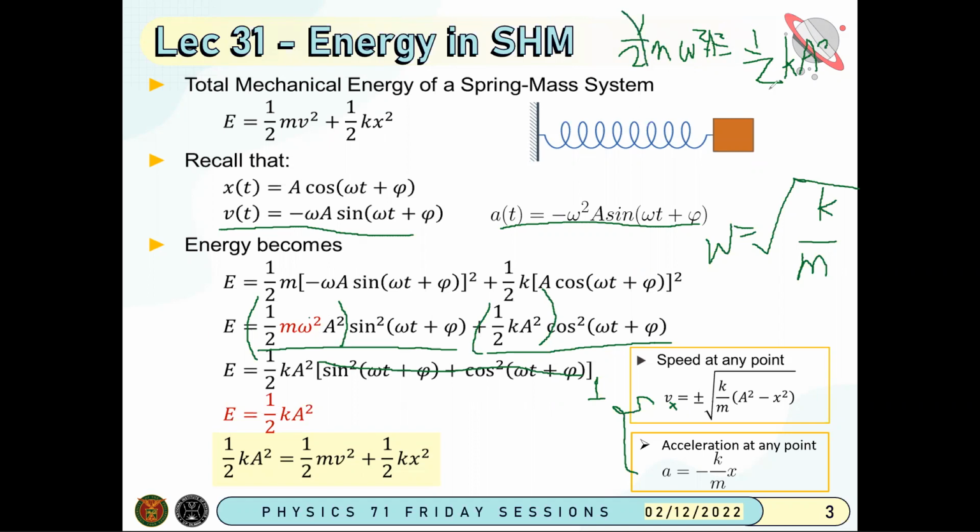So mawawala yung 1/2 kasi parehas meron. Mawawala rin yung A squared. So matitira ka ng m omega squared equals k. So simplifying for omega, we get square root of k over m. Okay. So if omega is equals square root of k over m, pag pinasok natin dito, hindi na pala naka-square kasi omega squared equals k over m. So magka-cancel yung m and we are left with 1/2 k A squared. Same dito sa 1/2 k A squared.